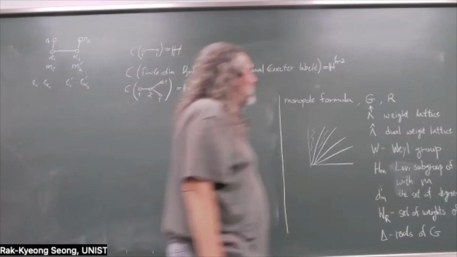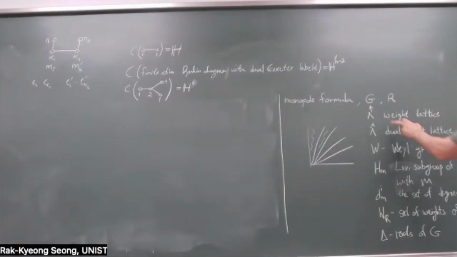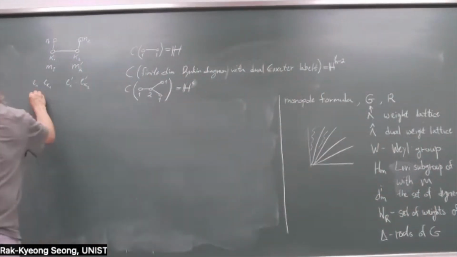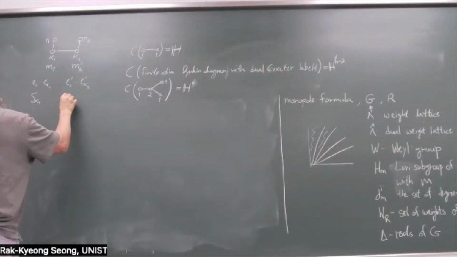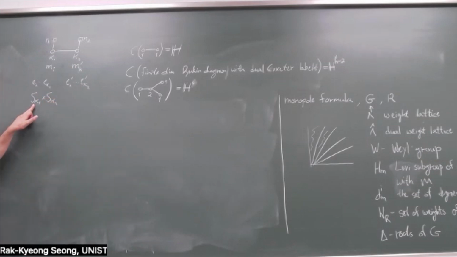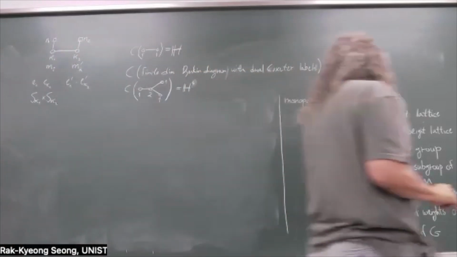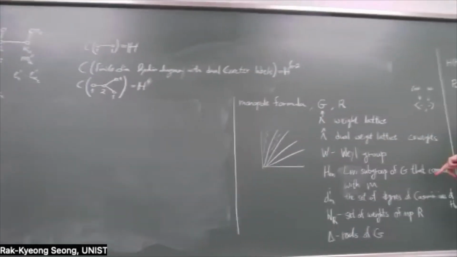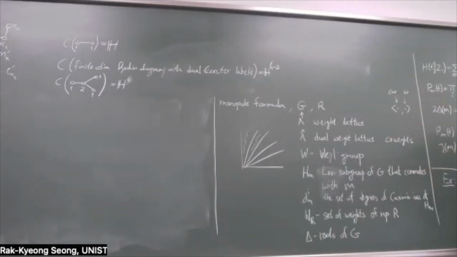So those are the weights. The dual weights are the cocharacters. The Weyl group is S_K1 times S_K2. The permutation group is K1 elements and another permutation with K2 elements. Levi subgroups, that's going to be hard to write down because I need to list all possible partitions.